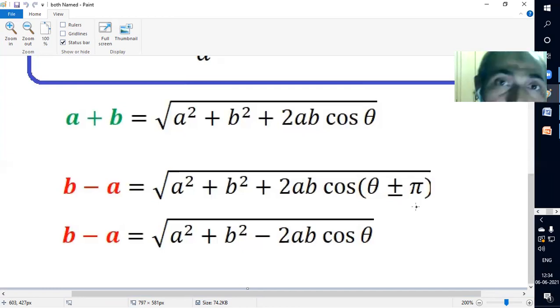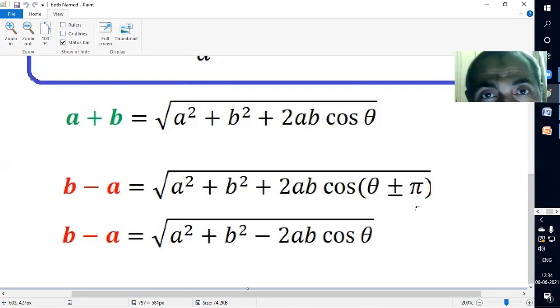And you know, cos of pi plus theta is minus cos theta. So for that reason also, the third quantity is coming to be minus 2ab cos theta. Therefore, the magnitude of the difference of the two vectors is written as a square plus b square minus 2ab cos theta.